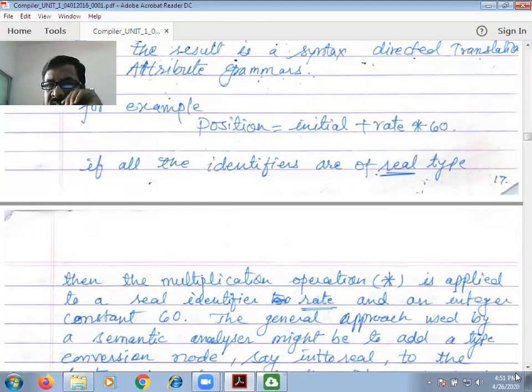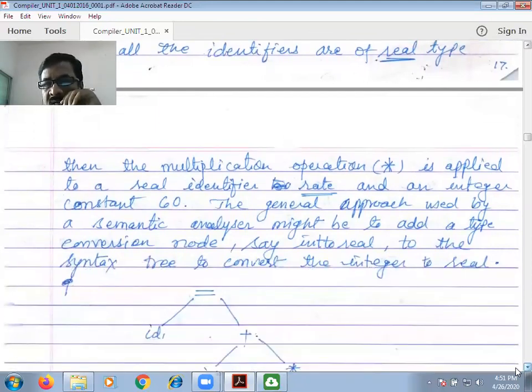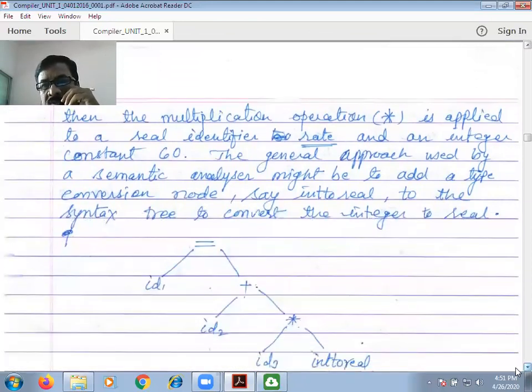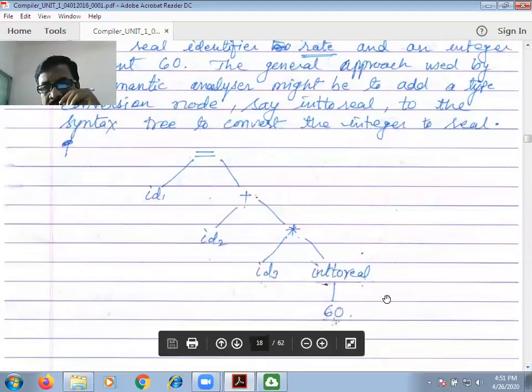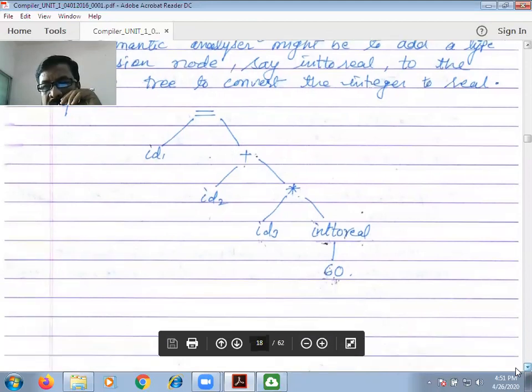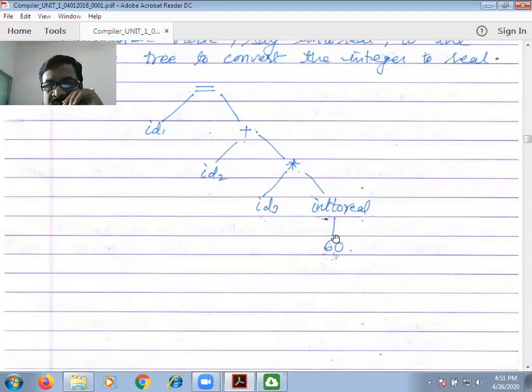Such types of modifications are called semantic analysis, and some codes or attributes are assigned with these modifications. Here we can convert this 60 from integer to real.